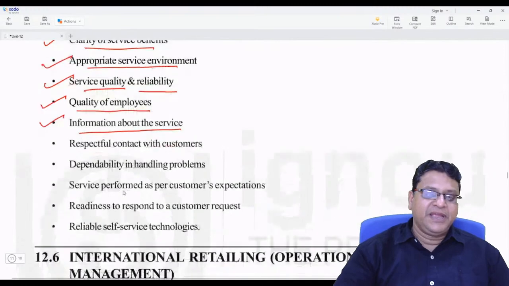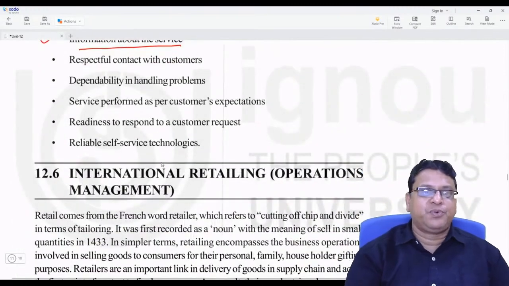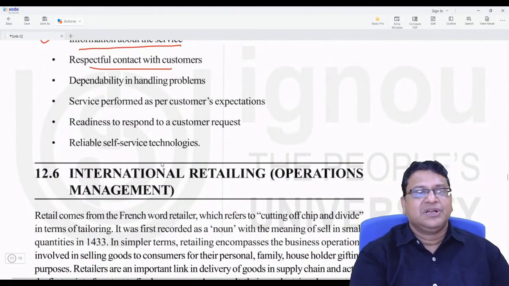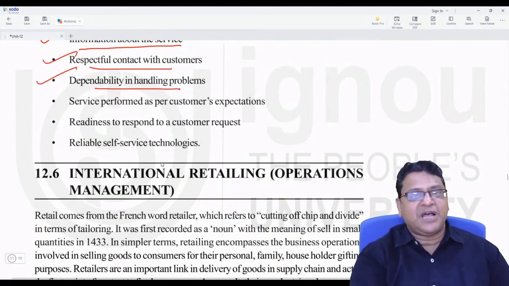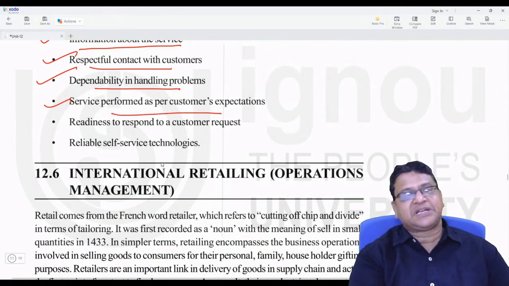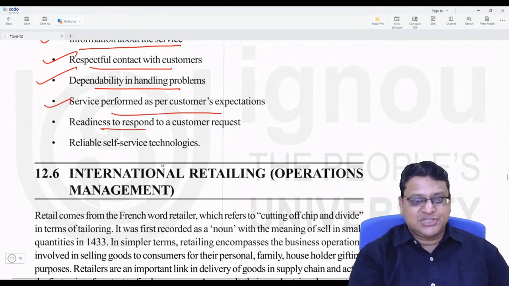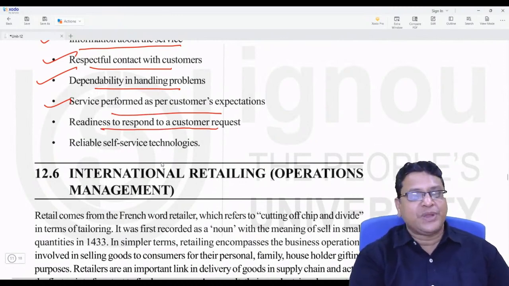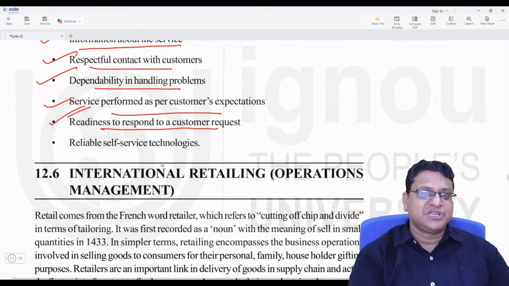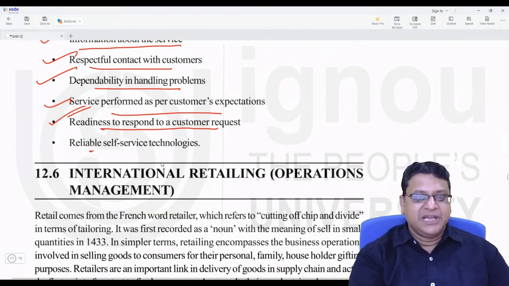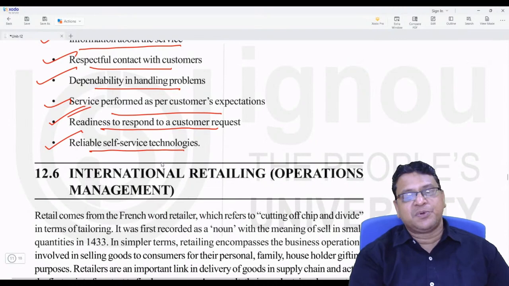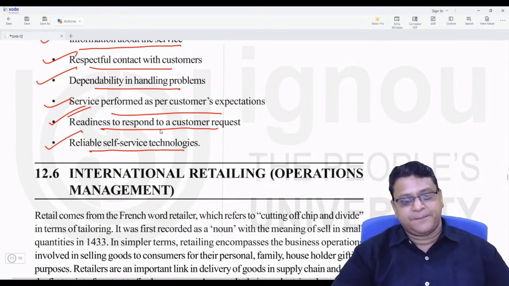Next, there will be respectful contact with the customers, dependability in handling problems, service performed as per customers' expectation, readiness to respond to a customer's request must be there. Customer's request must be responded to quickly, and there must be reliable self-service technologies which must be provided to customers.